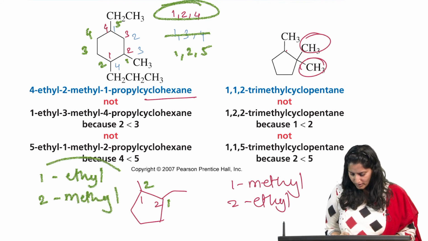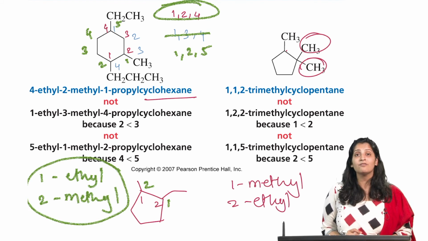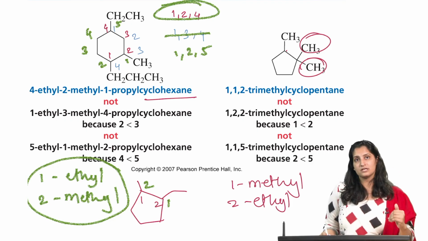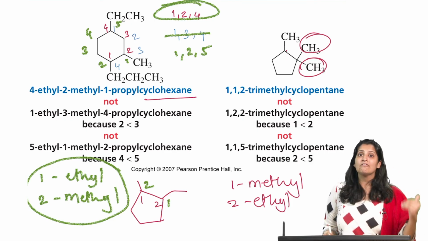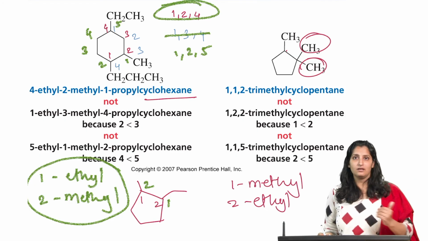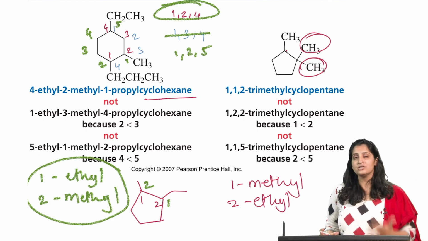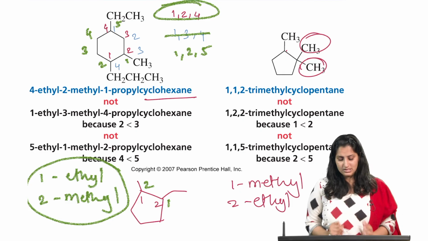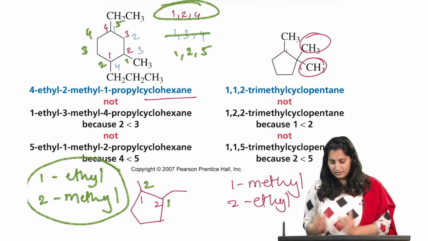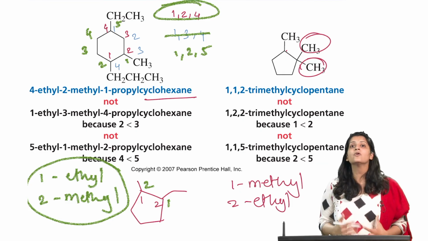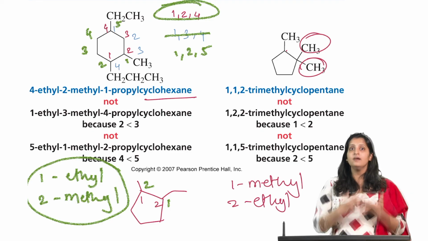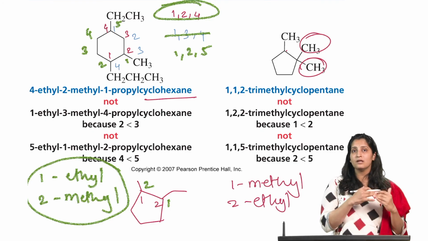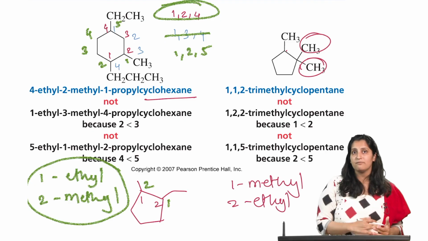Then I will choose the one in green because that will give me the alphabetically first substituent, that is ethyl, a lower number than methyl. So, when there is a clash such that this numbering system also gives me 1 and 2, and the other one also gives me 1 and 2, I go alphabetically and give the lowest possible number to the substituent that comes alphabetically first.